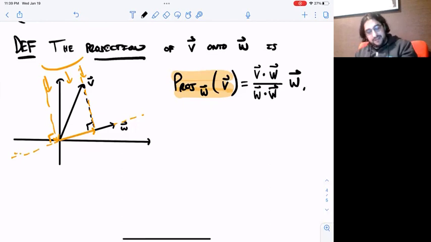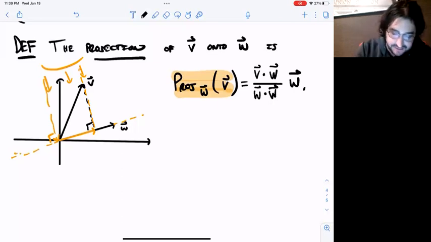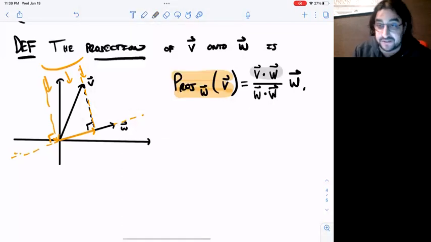So it's kind of an interesting formula. If you look, it has two dot products between vectors, V dot W and W dot W. It also has a scalar multiplication, because notice in this expression, vector dot vector will produce a scalar, a number, not a vector.